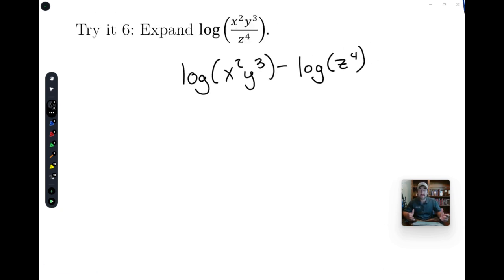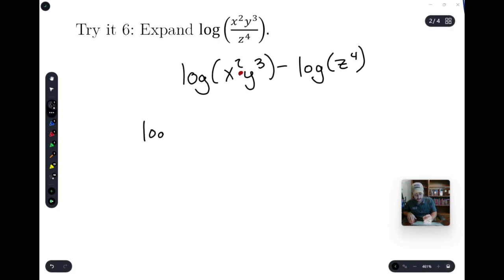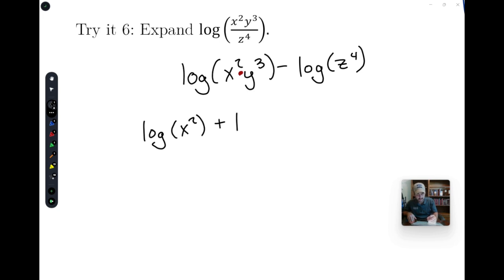You could start with the exponent one, or you could start with the multiplication one. I'm going to start with this red multiplication right here, because I want to get all of these terms expanded as much as possible. And so now we're left with log, remember, multiplication on the inside turns into addition on the outside, of 2 expanded logs: log of x to the 2nd power plus log of y to the 3rd power minus log of z to the 4th power.